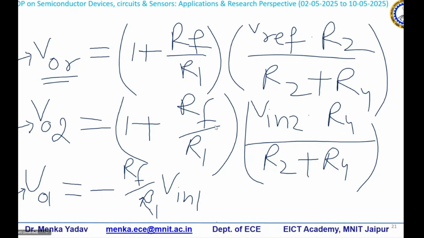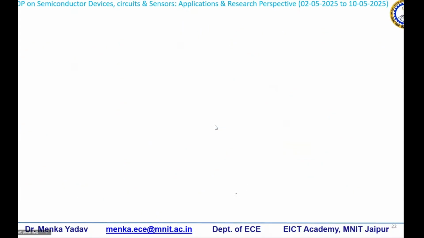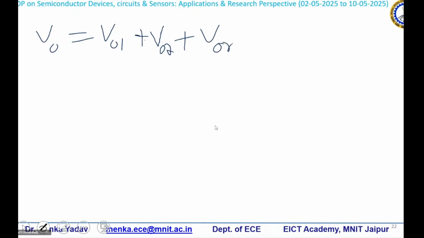What we have to do according to the superposition law, we have to add up all these, right? So if we are going to add up all these, what will we be getting? The final VO can be written as the sum of all these VOs: because of the inverting input, because of the non-inverting one, and because of the reference supply VR.